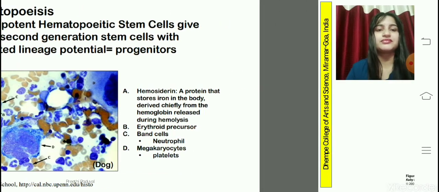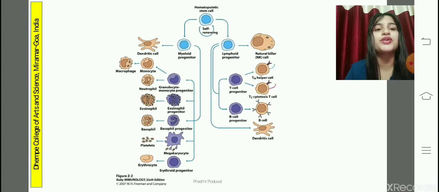Now this is a very important diagram which it would be nice if you know well and you practice drawing on a sheet of paper. So this is the entire hematopoiesis event, and the hematopoietic stem cells which give the various kinds of cells are explained over here in detail.